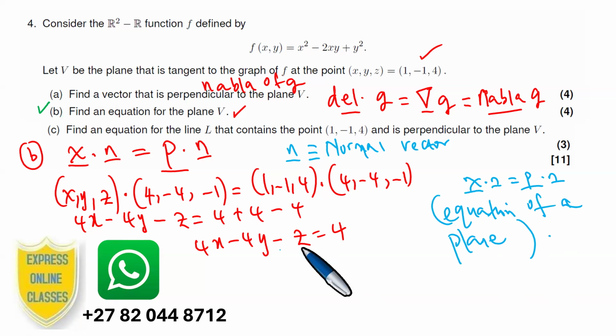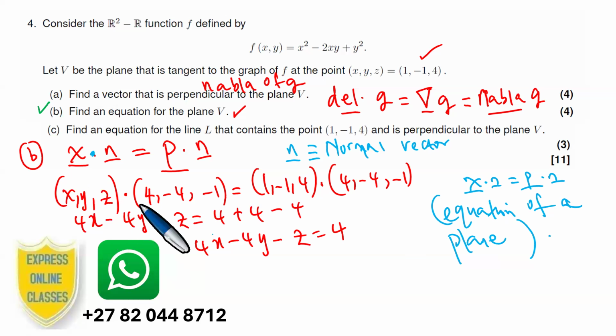How do you find the equation of a plane? We use x dot n. This is the dot product. You take the point vector and dot it with n, and this becomes what we call component multiplication. So the vector x dot the normal is x times 4, which is 4x, and then y times minus 4 is minus 4y.